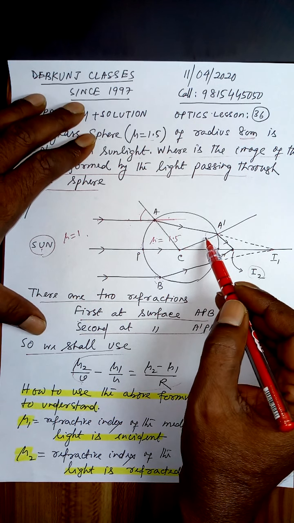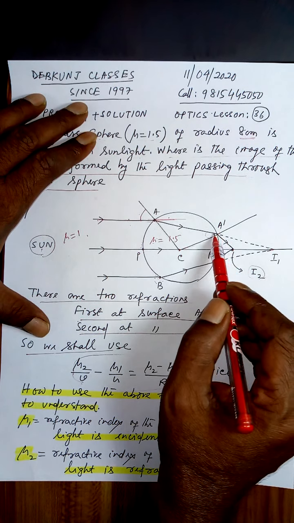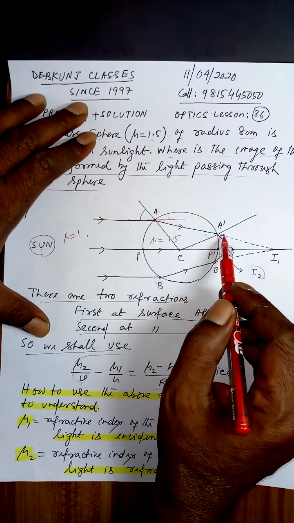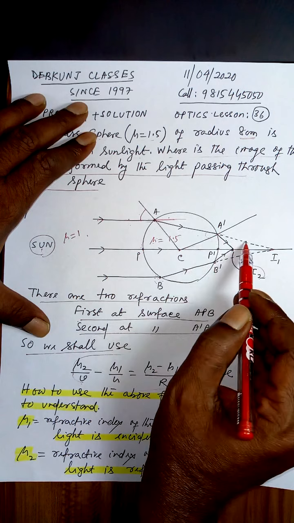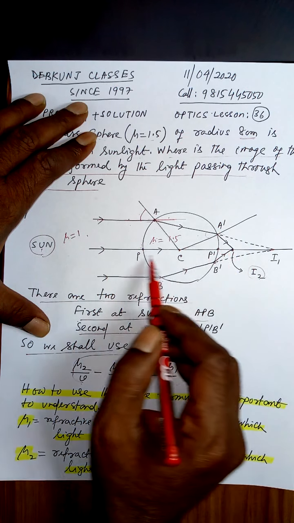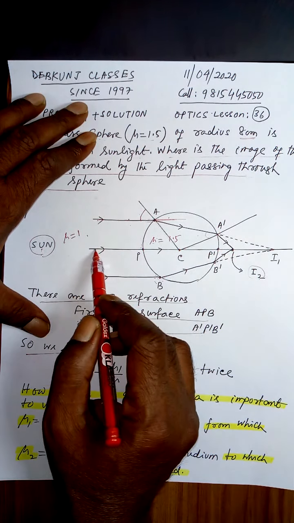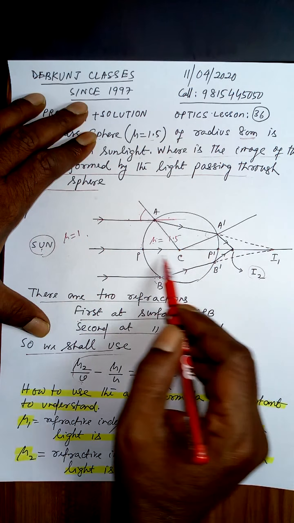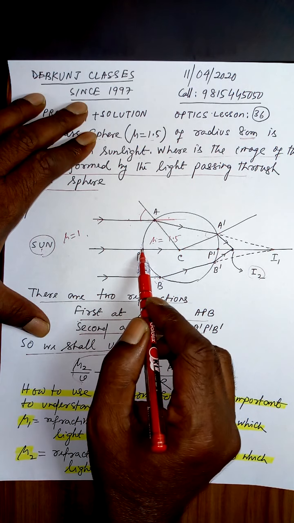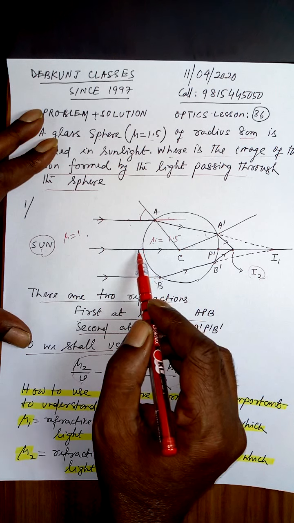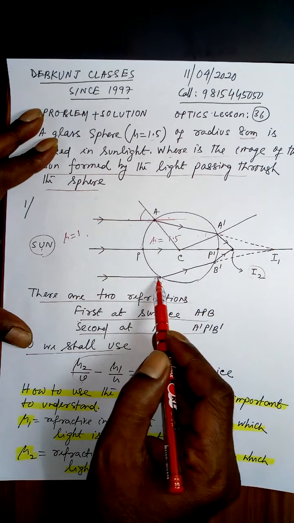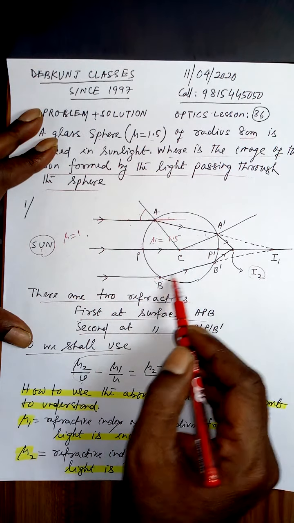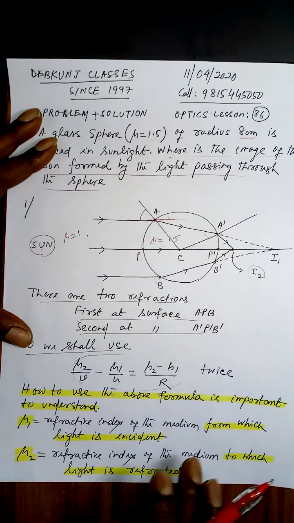From here, going from denser to rarer, it bends away from the normal. So this is the first ray. This one goes undeviated because here it is normal to the surface, and I have explained before, if a ray is normal to the surface during refraction, there is no refraction, it goes straight. And this is identical to this, therefore very symmetrical.